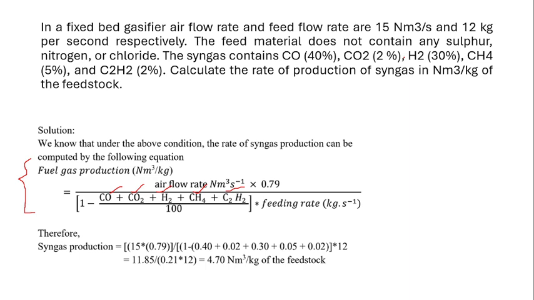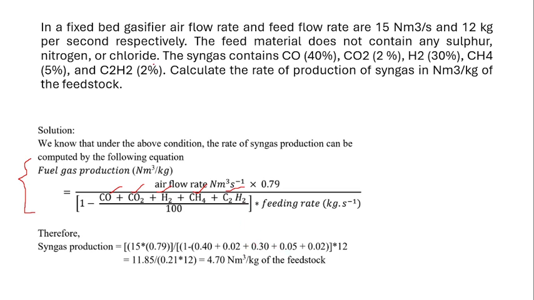That is what is given in the question. So we have to substitute the percentages here. Since these are all in percentage, just divide by 100. So 40 by 100 is 0.4, 2 by 100 is 0.02, 30 by 100 is 0.3, and methane is 5%, so 5 by 100 is 0.05.